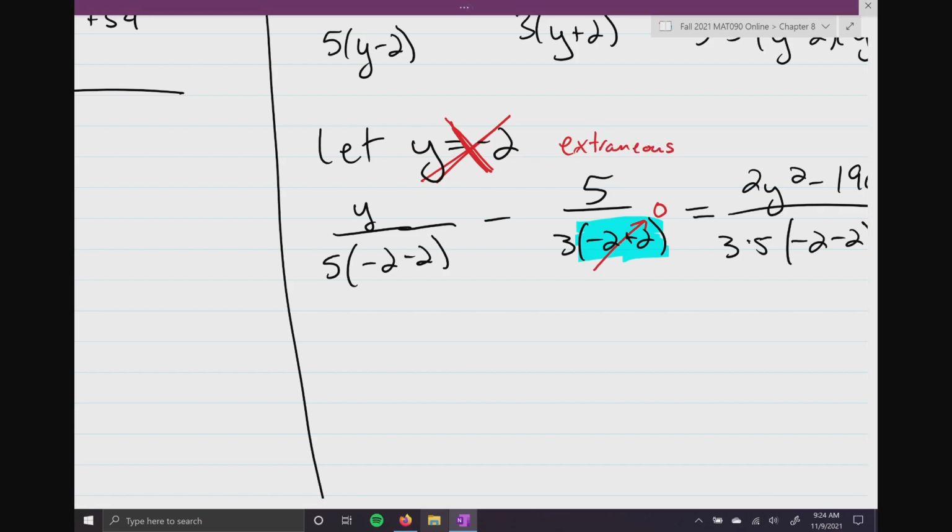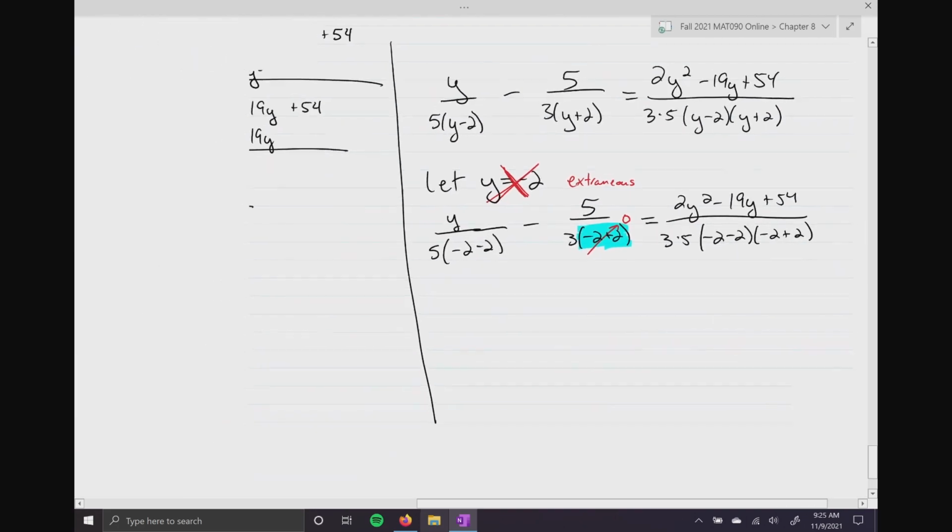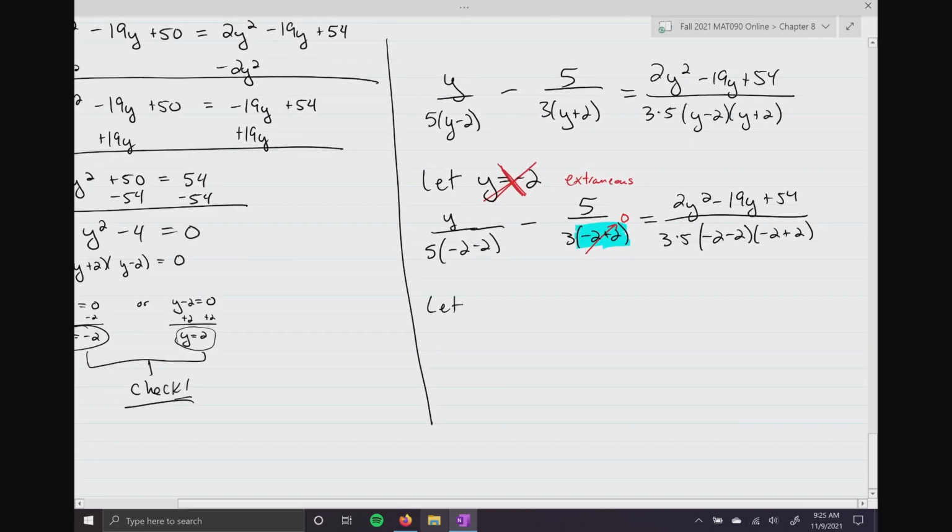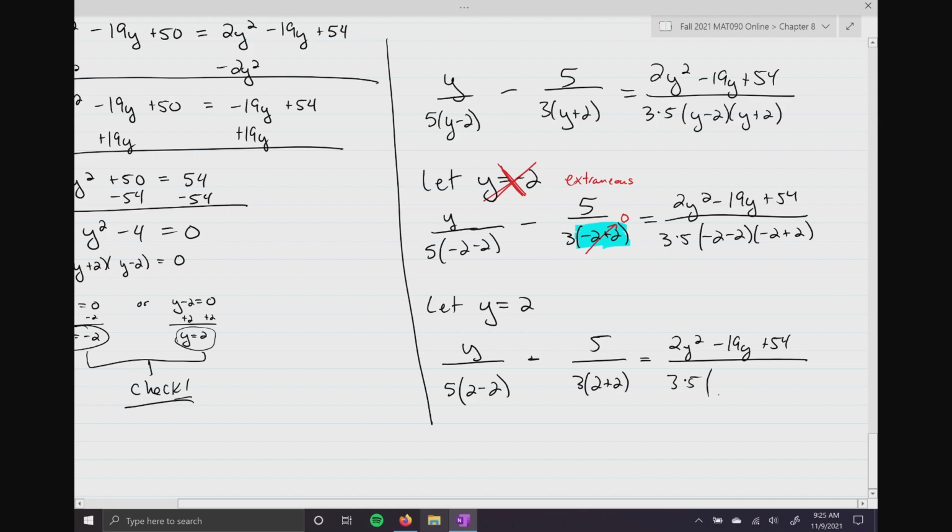Now, we need to do the same thing with positive 2. So y over 5 times 2 minus 2 minus 5 over 3 times 2 plus 2 equals 2y squared minus 19y plus 54 all over 3 times 5 times 2 minus 2 and 2 plus 2.